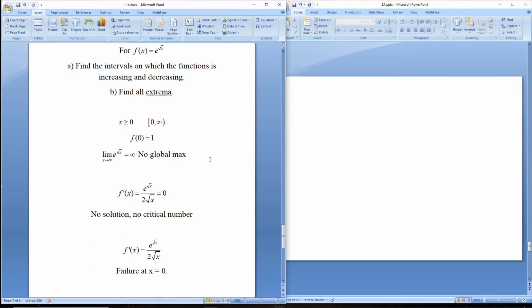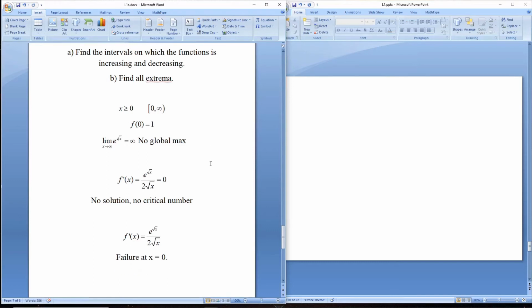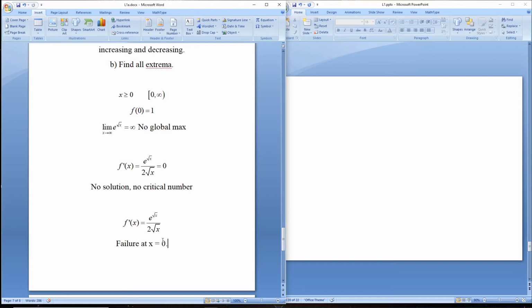And so what do we do with that? Well, now we check to see if this failure is in the domain of the original function. And it is. So x equals 0 is in the original function.